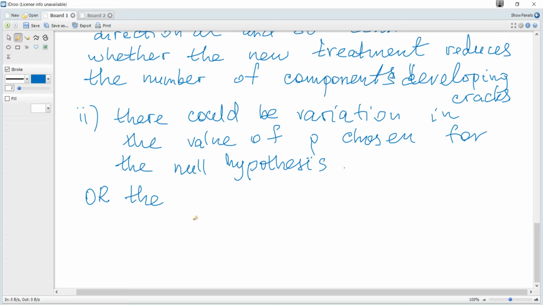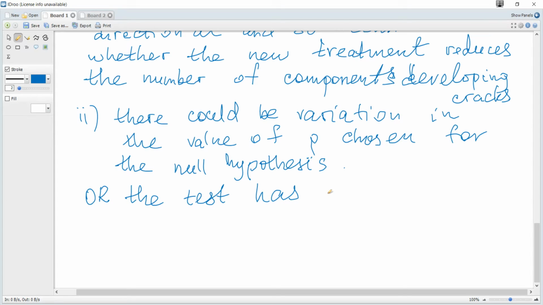Or you may write maybe just the test has to make an assumption, maybe enough, but I just rewrite directly like it is given in the mark scheme.